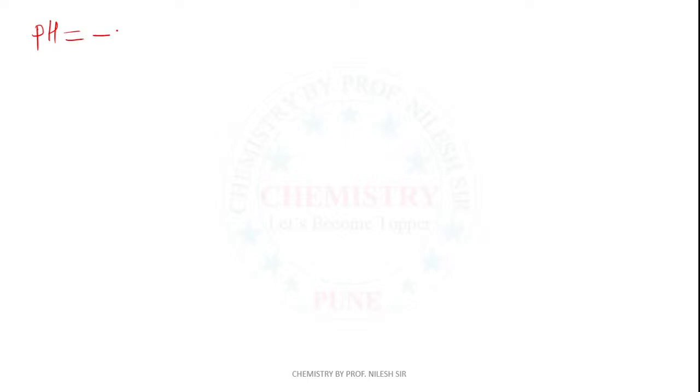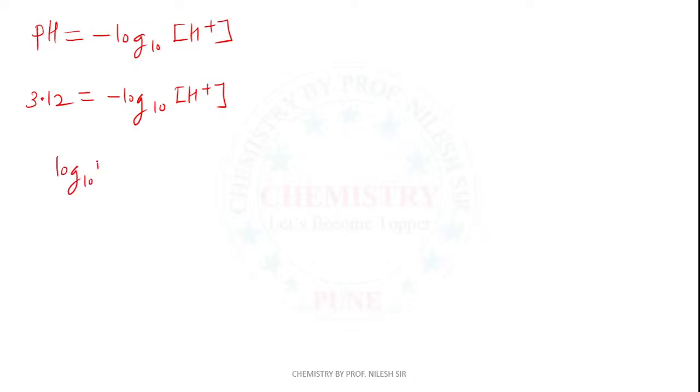pH is equal to minus log to the base 10 of the concentration of H plus ion. So 3.12 is equal to minus log to the base 10 of the H plus ion concentration. So log to the base 10 of the H plus ion concentration is equal to minus 3.12.